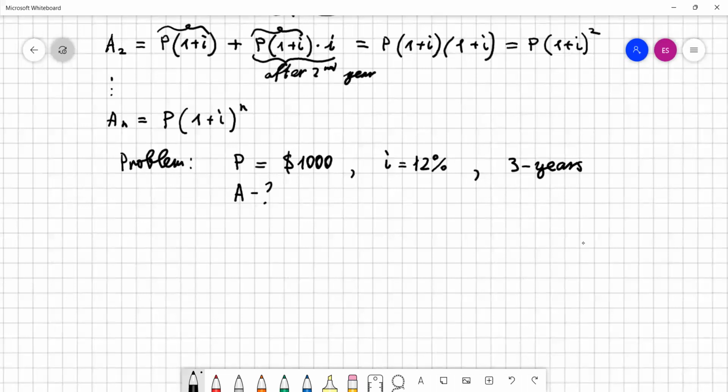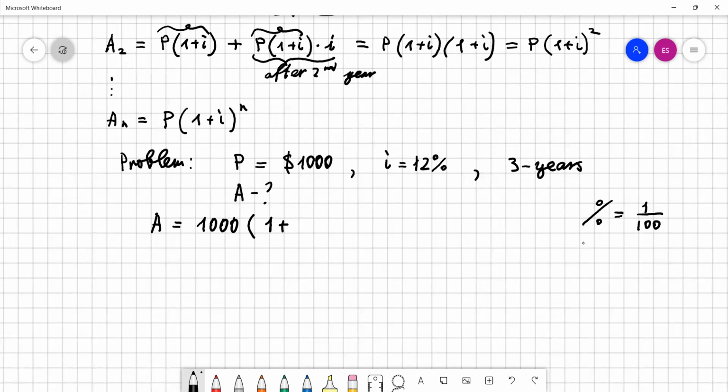Well, we're just going to use the formula. So A after 3 years is going to be your principal, 1,000, parenthesis open, 1 plus interest rate, guys. You know that percent is actually a different way to write 1 over 100. It's just a shorter way.